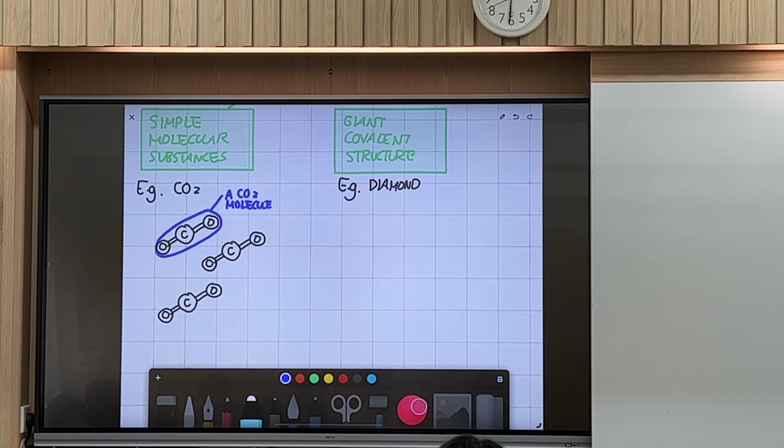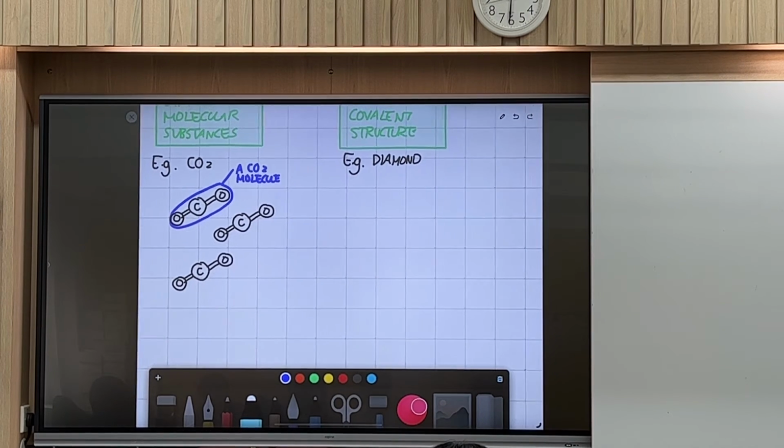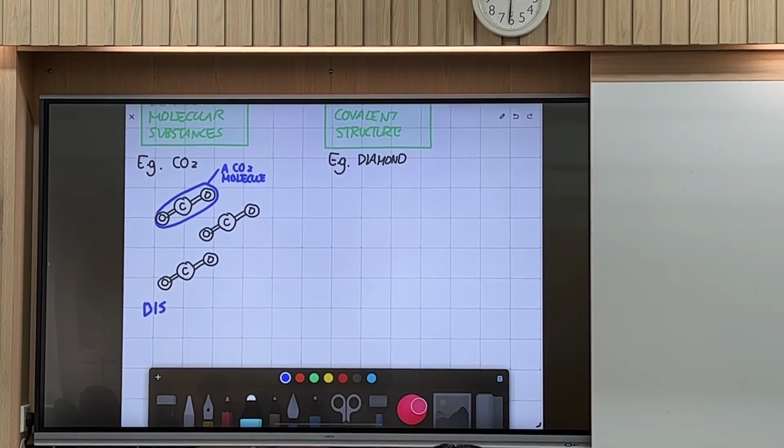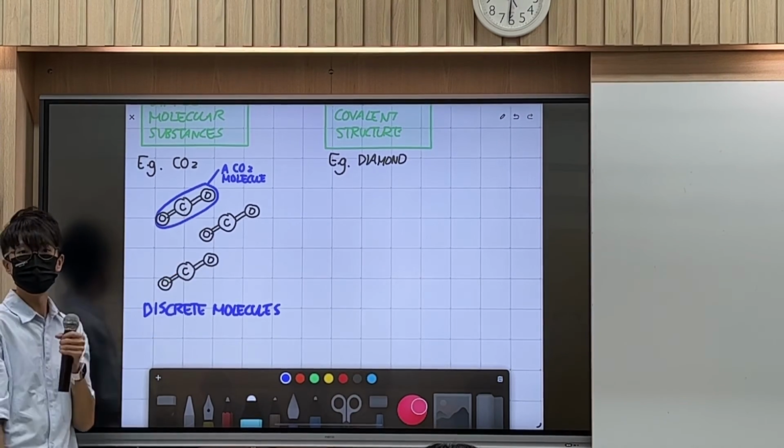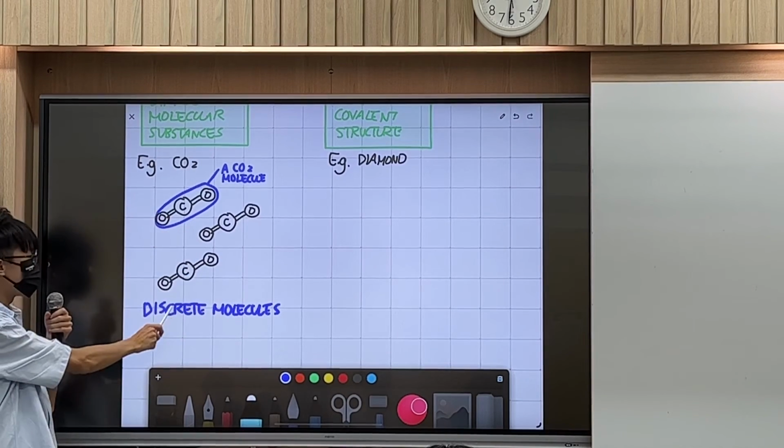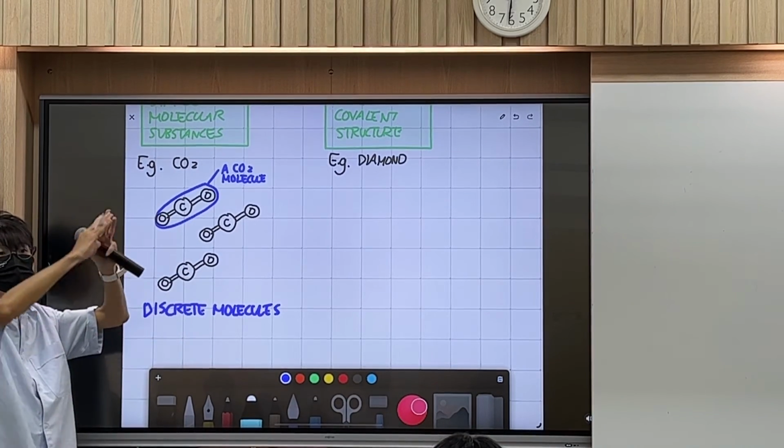We call these discrete molecules, meaning that while they look identical, they remain separate. Discrete means they remain separate.